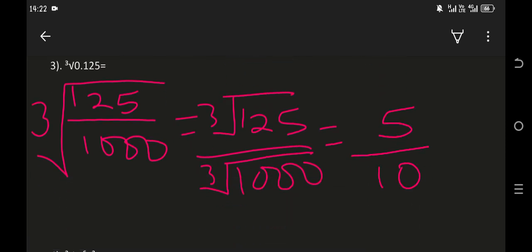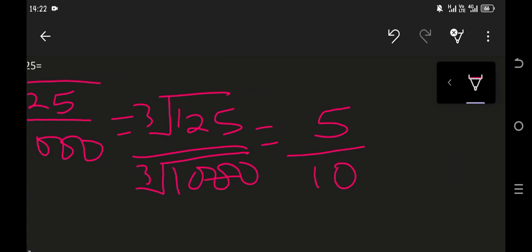So if you look at this, you can simplify it to get 1 over 2 if you ask for the simplified version of the answer.